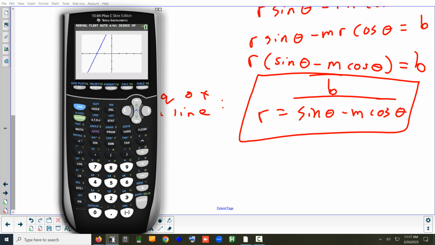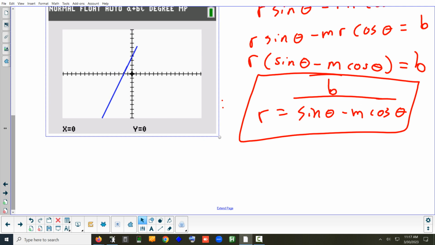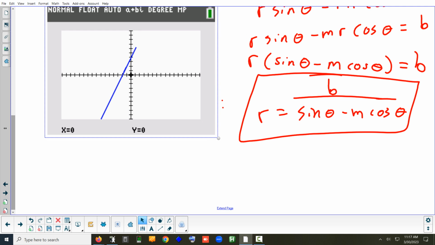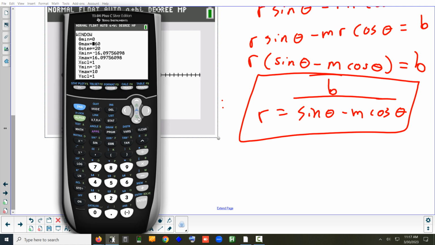Might have to zoom out. Right, so it does have a y-intercept at 4. The reason it might not be showing the whole line is I think I might have to set my Tmax higher. Oh, I'm also stepping by 20.